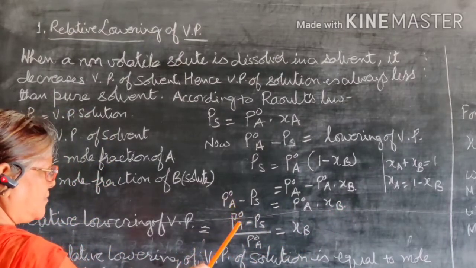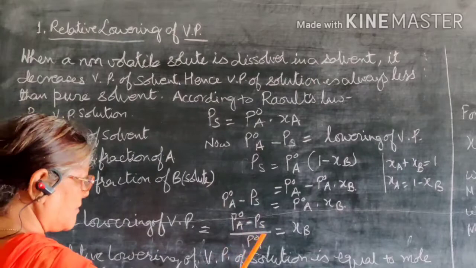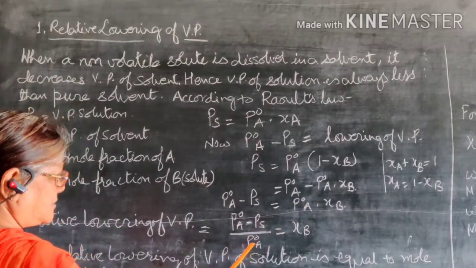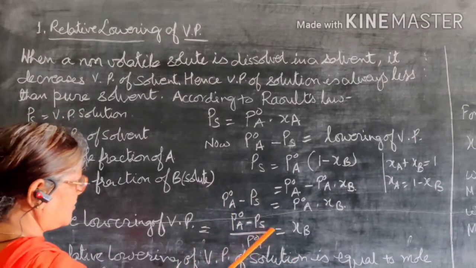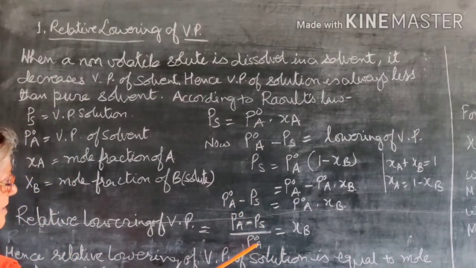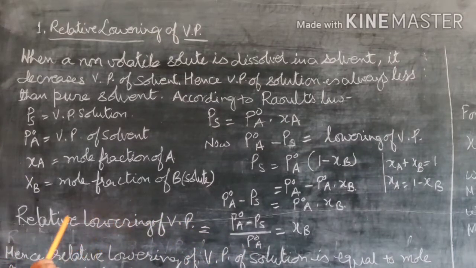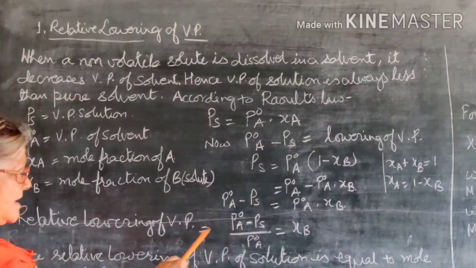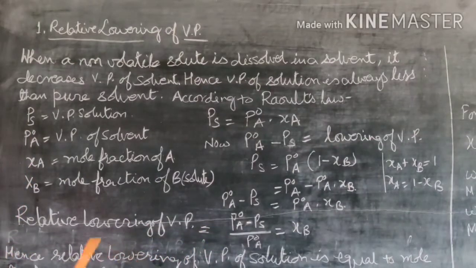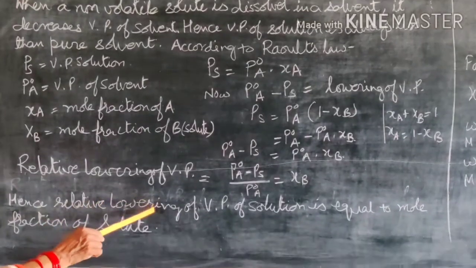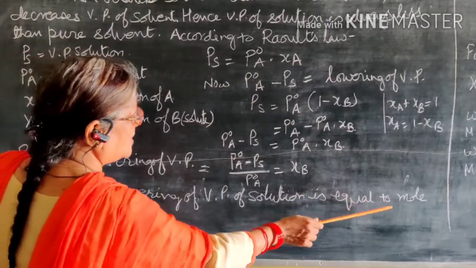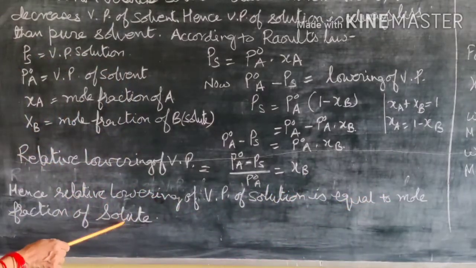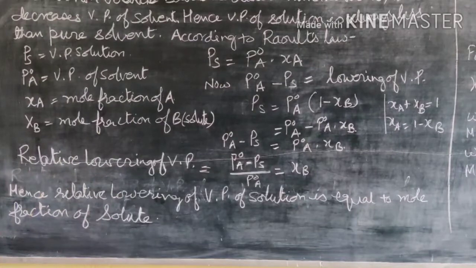Now P0A minus Ps, that is the lowering of vapor pressure, when we divide by P0A is equal to Xb. This term, P0A minus Ps upon P0A, is called the relative lowering of vapor pressure. So we can define the relative lowering of vapor pressure: the relative lowering of vapor pressure of a solution is equal to the mole fraction of the solute, where B is the solute.